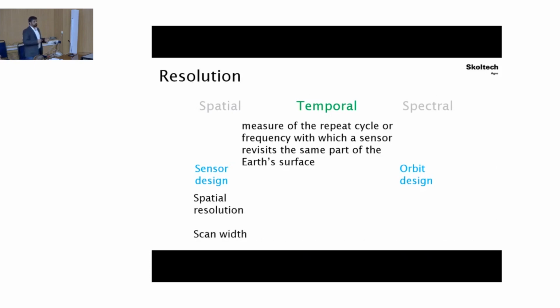So the sensor design is basically the spatial resolution of the sensor, as well as how much on the ground it covers in one shot, one snapshot. The orbit design, of course, is the orbital path, whether it is going over the poles, over the equator, in which direction, and at what speed.